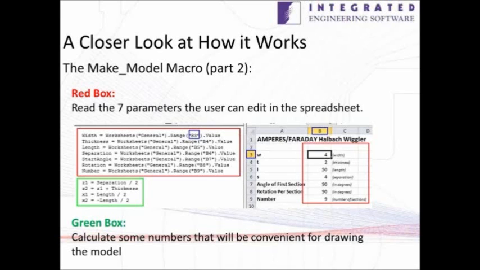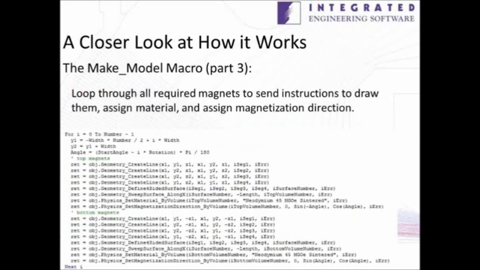The green box shows a couple of calculations performed for convenience, and then the main part of the code begins. The first thing is to create the geometry according to the specification, and here is where the OBJ comes into effect.